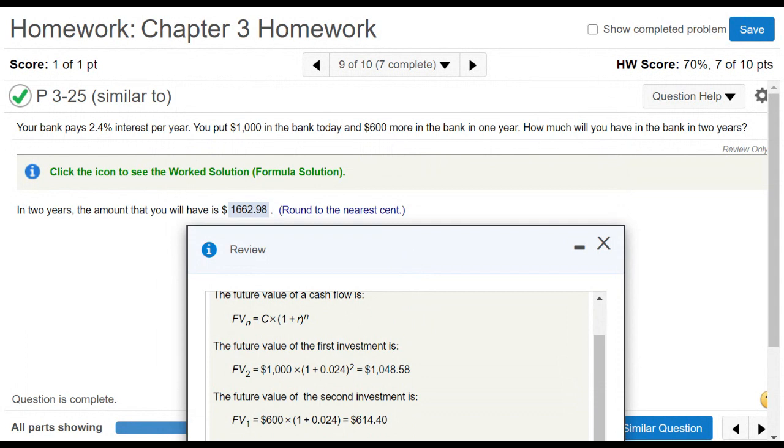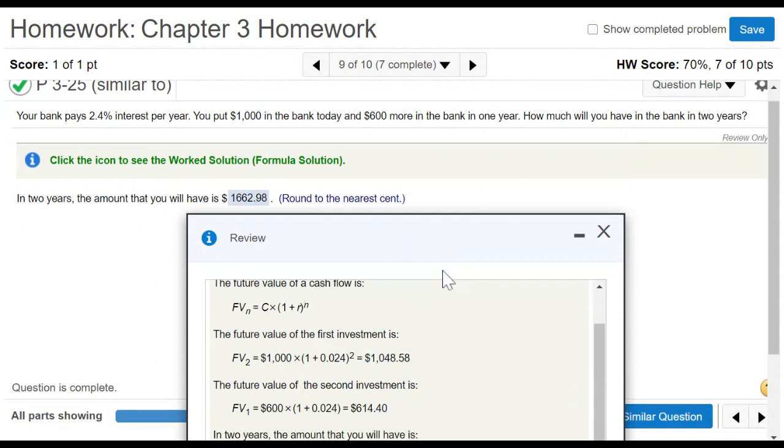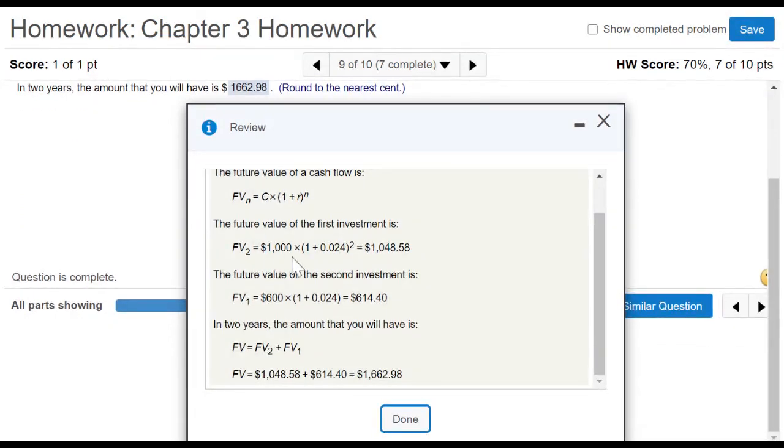So two things happen. The $1,000 is in there for 2 years, and the $600 is in there for 1. So this is future value, and then you add them together.